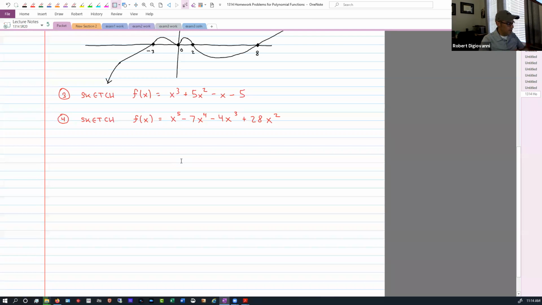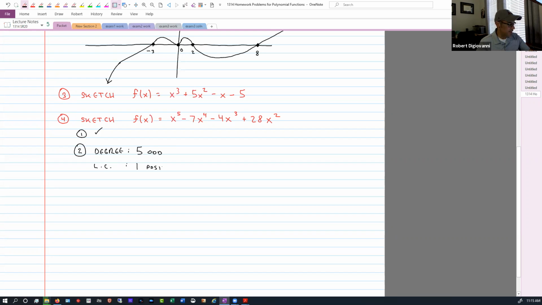So let's just start off here. First step, it is a polynomial function. Second step, the degree is the highest power of x that we see. So it should just be 5, and that's odd. And then the leading coefficient is 1 again, which is positive.